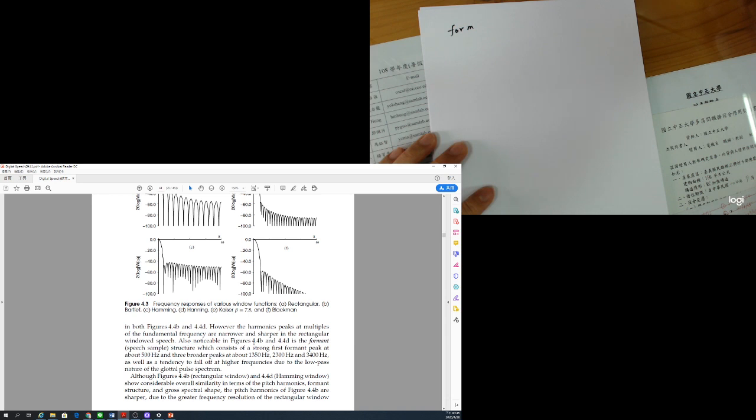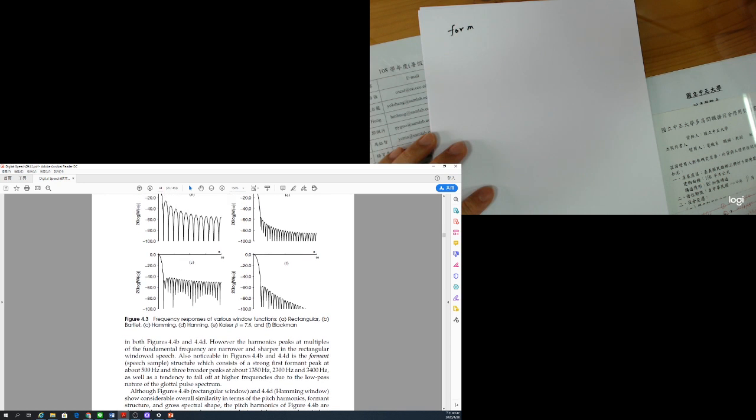You can see B and D. The formant speech signal structure includes a strong first formant peak around 500 Hz, and the other peaks at 1350 Hz, 2300 and 3400 Hz.